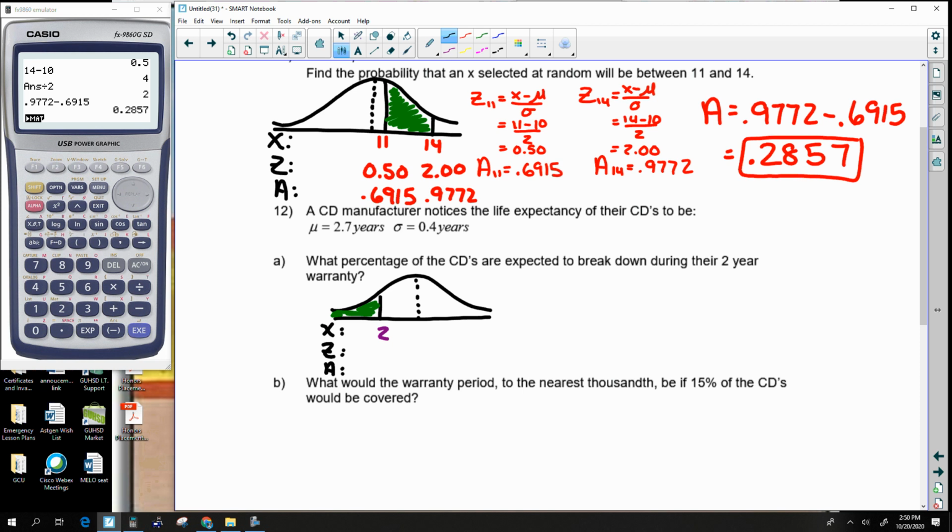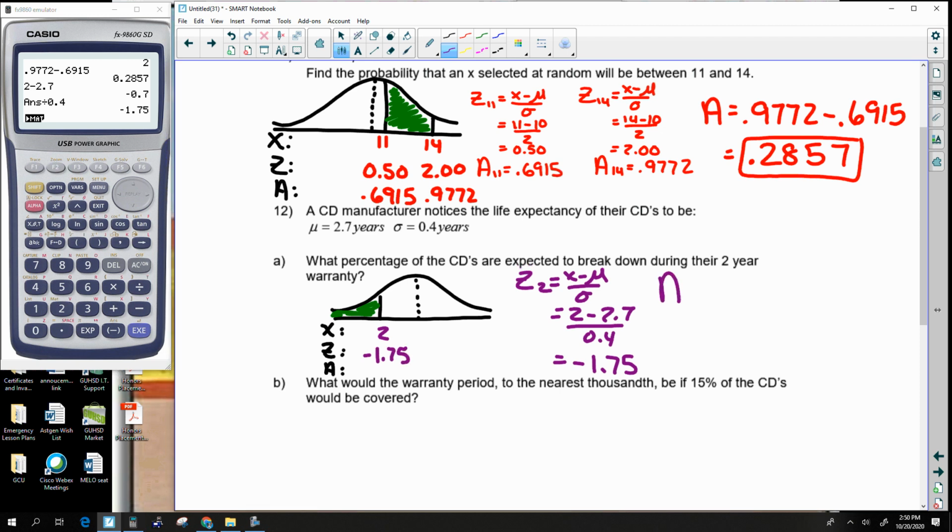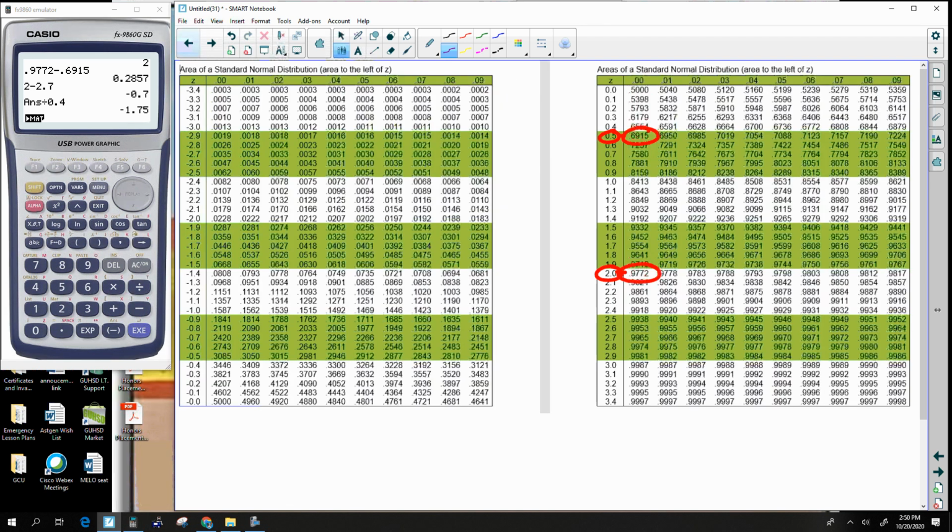I am looking for the area to the left, so let's go ahead and find that area. So I'm looking up negative 1.75.